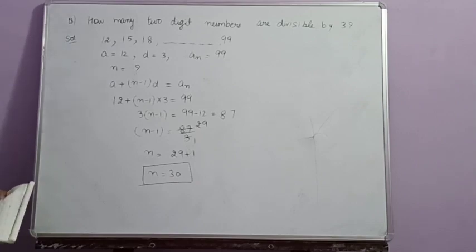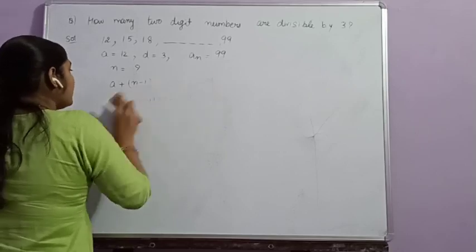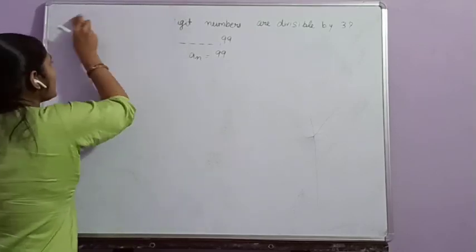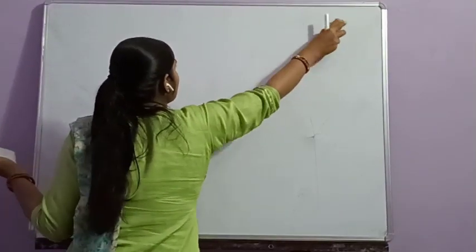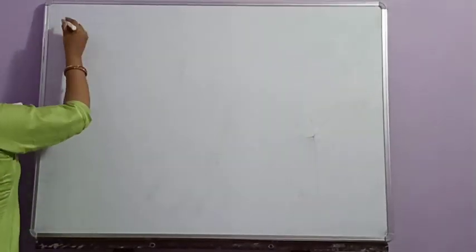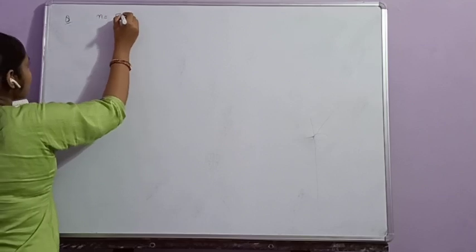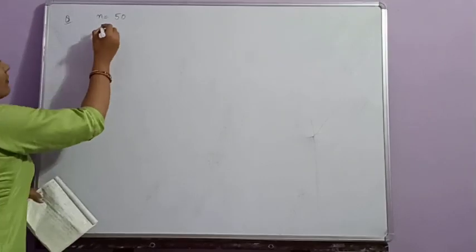Next is, the AP consists of 50 terms. It means the total number of terms in the AP series is 50. That is, n is given to us, that is 50 terms, of which the third term is 12.